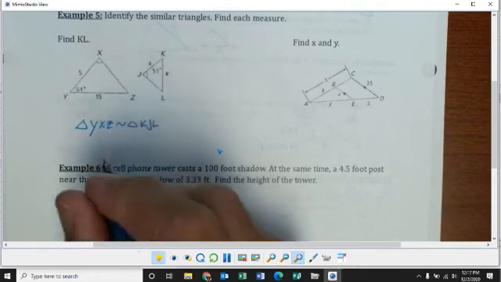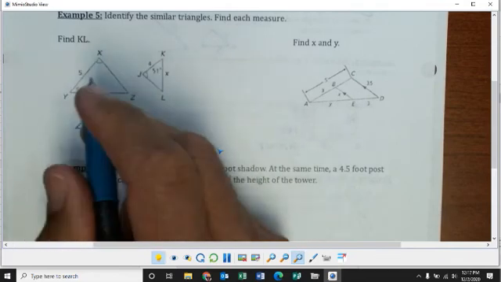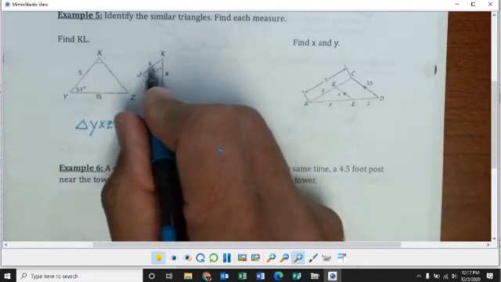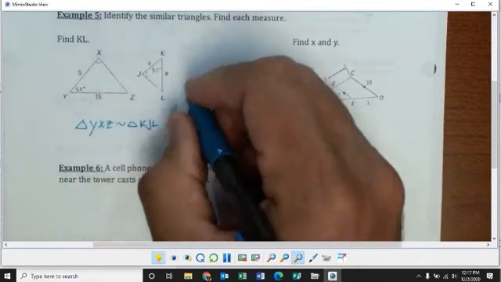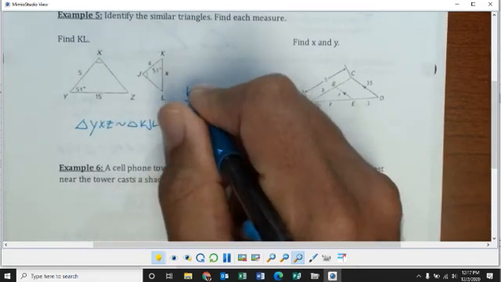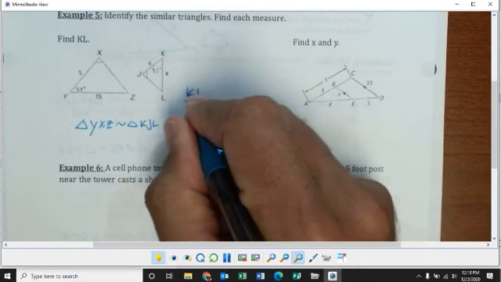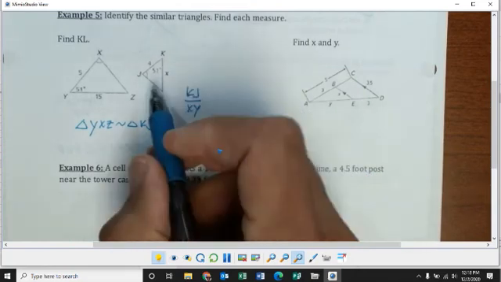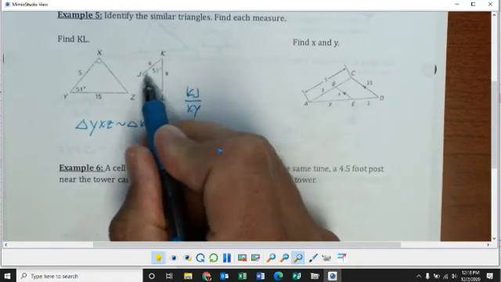So that means that I can now set up a proportion. I know that KJ over XY, because it starts at the 51, ends at the congruent.